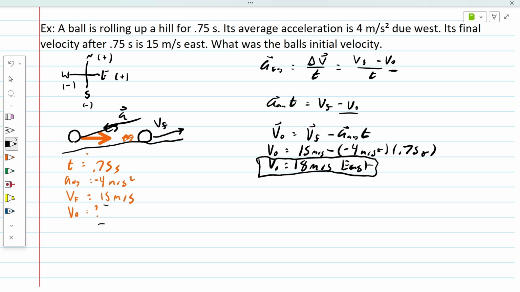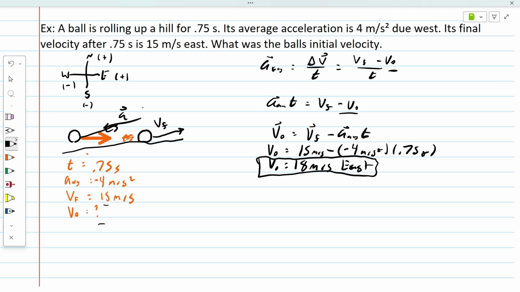And that's why I drew it on a hill here, because you can think of it going up the hill, the ball is going to start slowing down because the acceleration is in the opposite direction. This isn't the best example to actually think about because the acceleration is really down, but there will be that horizontal acceleration here in the opposite direction. So that's why the velocity is greater at the start than at the end.